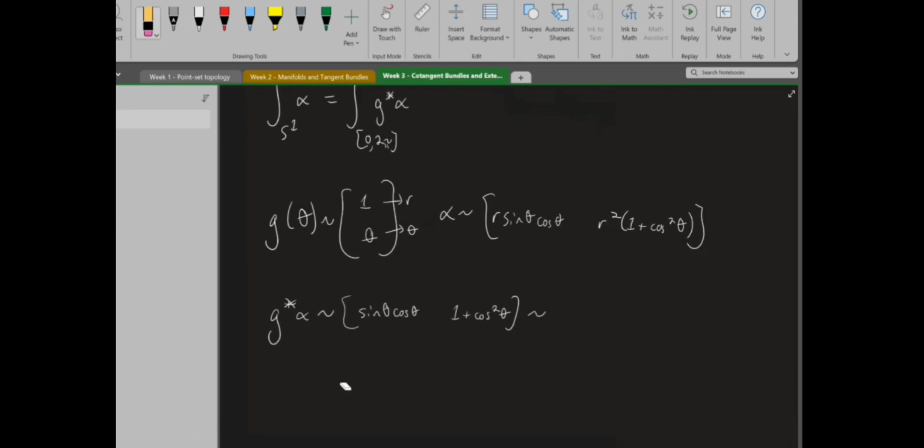So we know this to be sine theta cosine theta dr plus 1 plus cosine squared theta. The matrix notation for this is a little bit confusing. Note, r, when we do the pullback, is 1. So this just becomes 1.